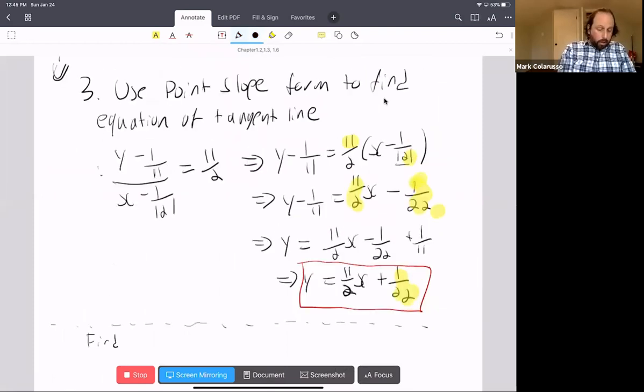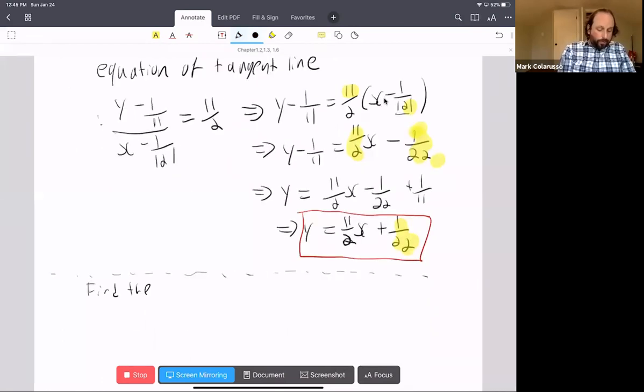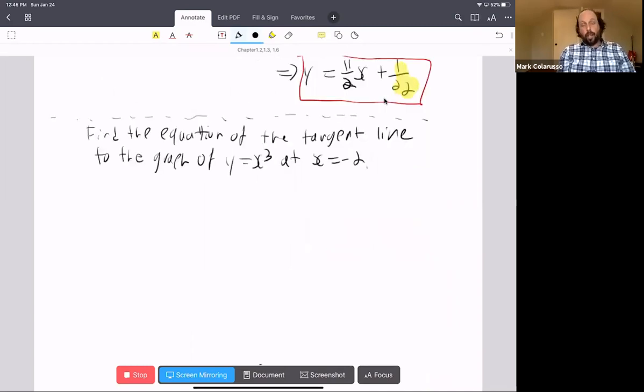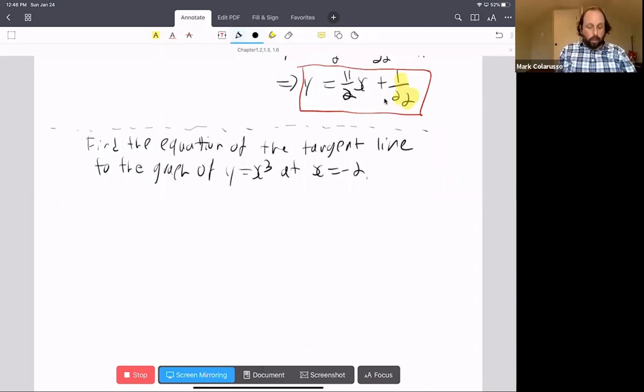Find the equation of the tangent line to the graph of y equals x cubed at x equals -2. You go through the same steps and you're going to be able to get the equation of the tangent line. And it's actually substantially easier than the one we just did.